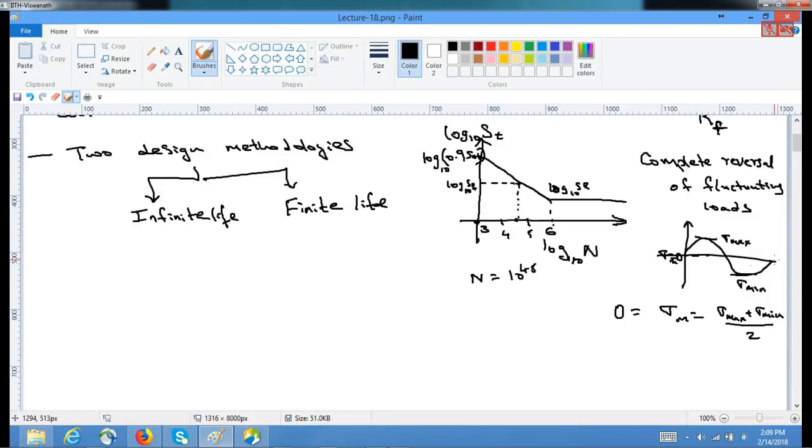Now let us see that this is only for one single loading. Sometimes what happens is a shaft or any machine component can get operated at different loads. For example, if you look at an automobile shaft, at different gears you have different RPM, right?